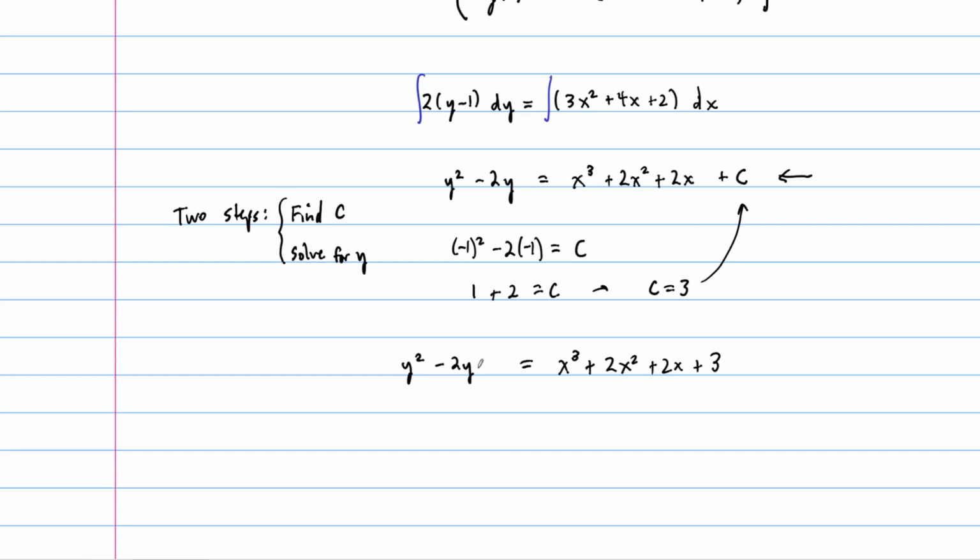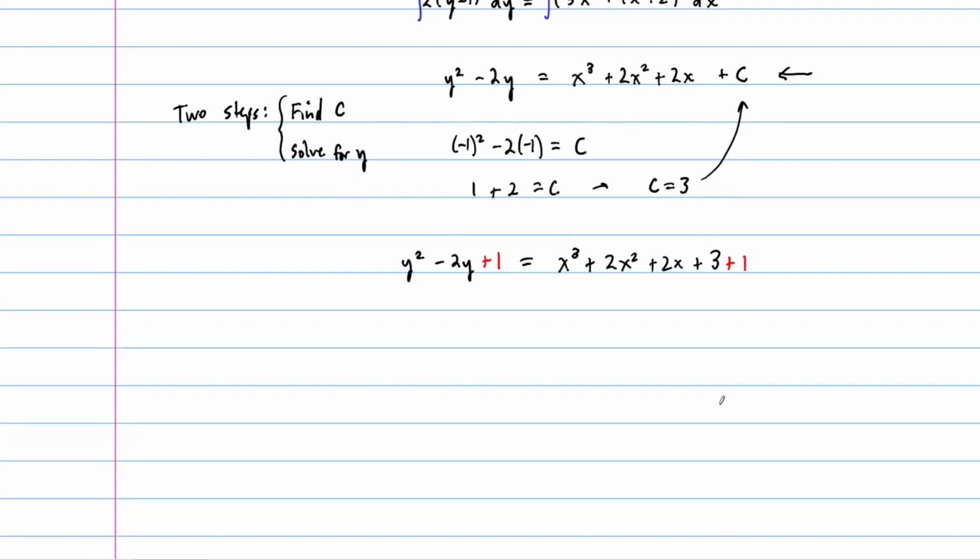Right? We've solved for c, but we need to explicitly solve for y. So to solve for y, we have to complete the square, right? So we can complete the square by just having this, squaring it, so I have to add 1 to both sides. So that's going to make that a 4 now. So we solve for our c first, and then our constant's actually going to end up being a 4, right? Over here we have y minus 1 quantity squared, factors, right?